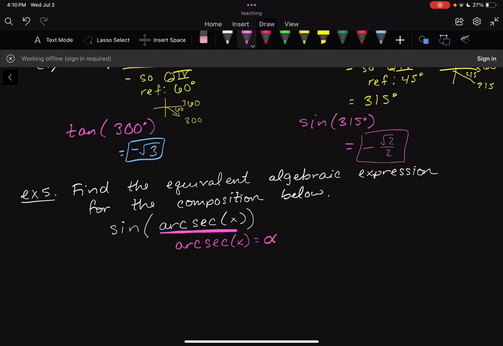Now, if I rewrite this as secant of that angle should be equal to x. So instead of writing it as the inverse function, I'm writing it backwards, like the original functions that we saw. Now remember that secant has a connection to a triangle.